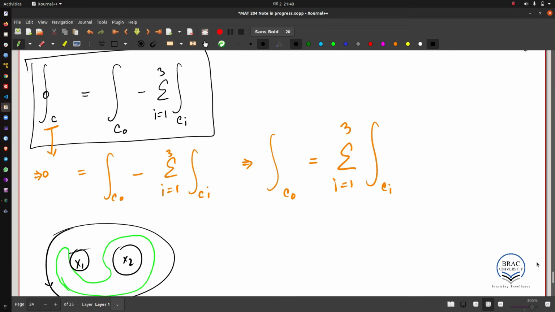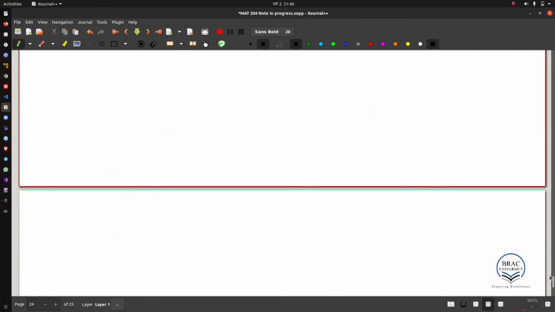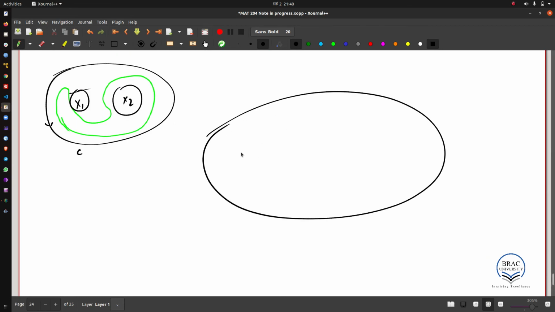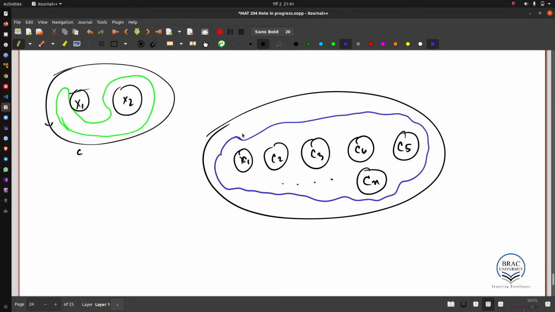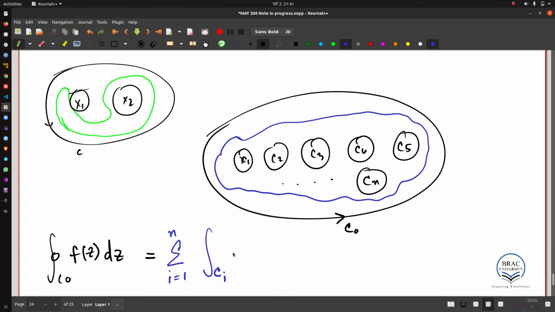But what does this result tell us over here? This means that if you have a multiply connected domain like this, let's say there is one hole C1, let's say C2, C3, C4, C5, let's say Cn, many holes, and let's say you have a contour that encloses all of these holes, then the result you would get from this contour C0, that means along this black line, C0, a closed contour, would be just equal to the sum over the holes.